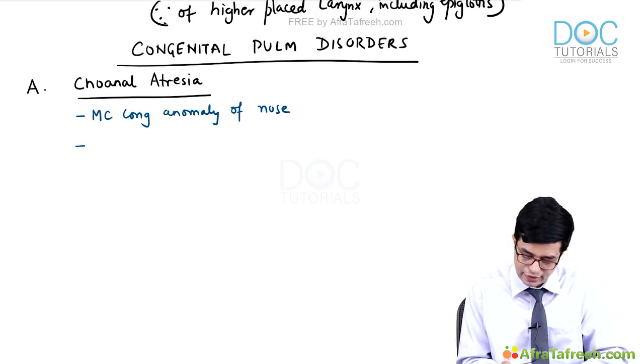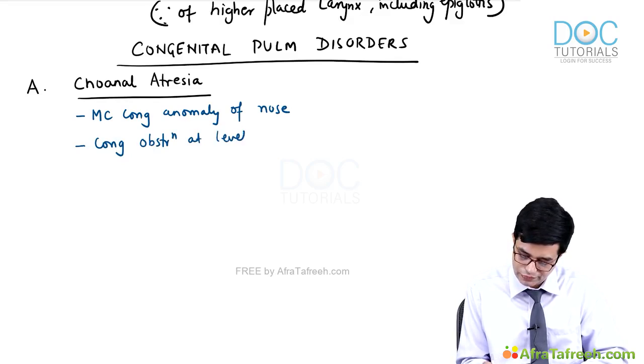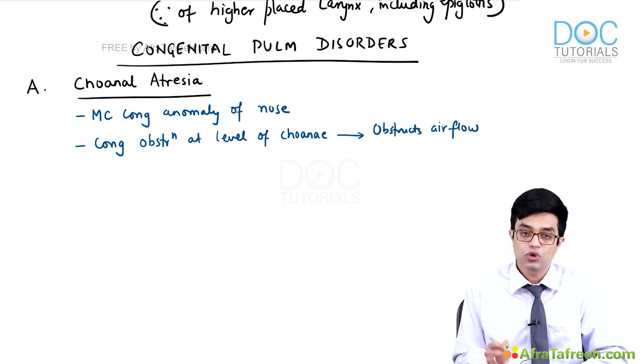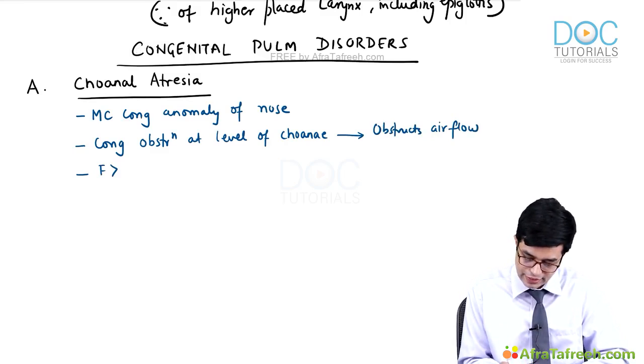There is a congenital obstruction at the level of the choanae of the nose which obstructs airflow. The condition is more common in females as compared to males by a ratio of 2:1.